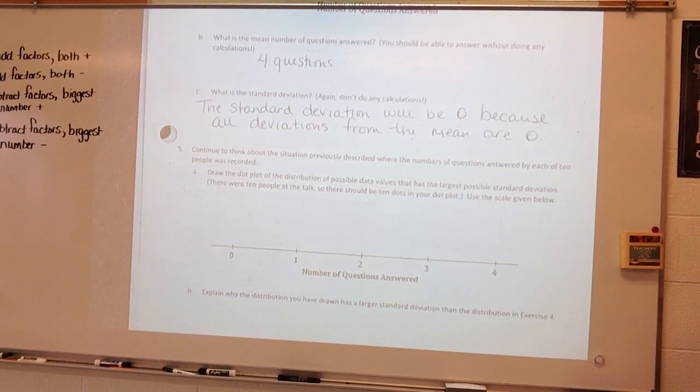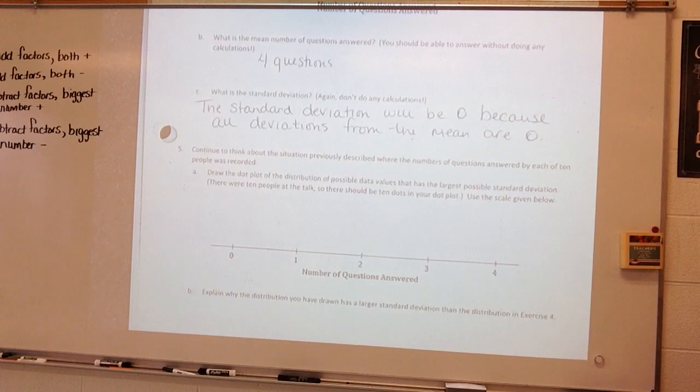Continue to think about the situation previously described where the numbers of questions answered by each of 10 people were recorded. Draw the dot plot of the distribution of possible data values that has the largest possible standard deviation. There were 10 people, so there should be 10 dots on your dot plot. Use the scale given below. All right, so let's think about this.